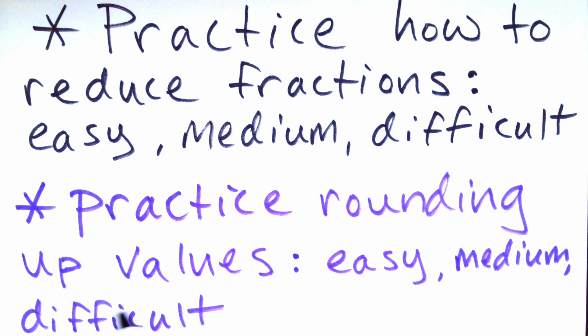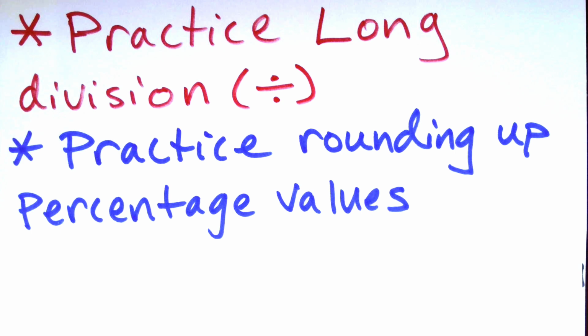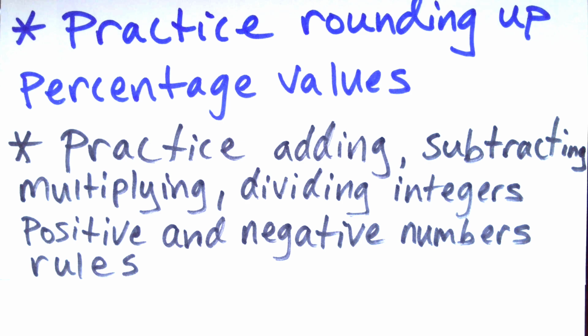Practice rounding up values, easy, medium to difficult. Looking for worksheets with answers? Practice long division. Practice rounding up percentage values. And finally, look for worksheets with answers on practice adding, subtracting, multiplying, dividing integers, positive and negative numbers, rules.